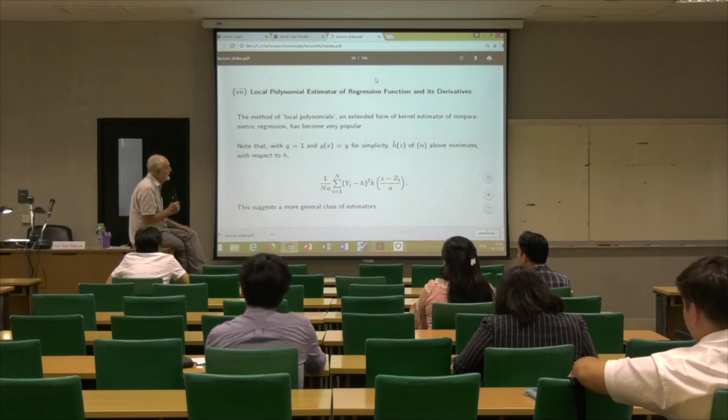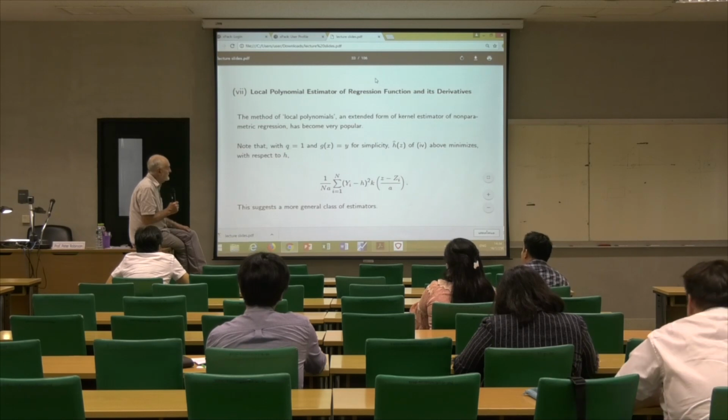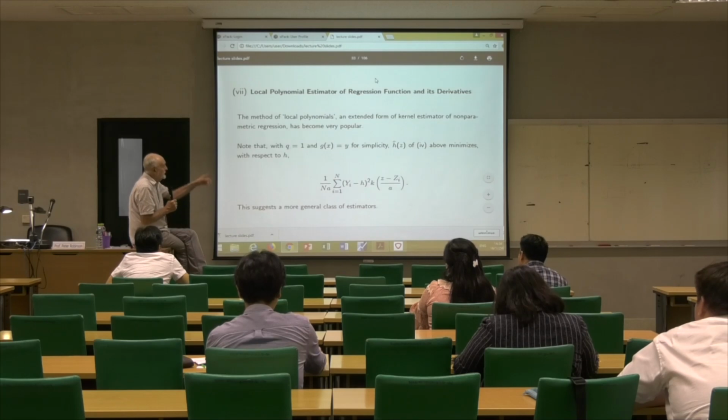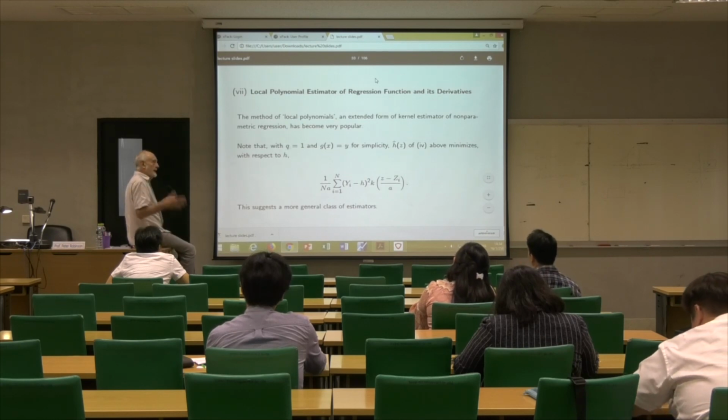We have some problems there, so it has to be non-negative. If you actually do that, if you differentiate with respect to H, you will come up with our kernel regression estimate that we had before. I won't bother to go through that because we have another derivation.